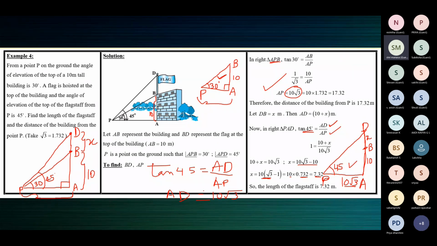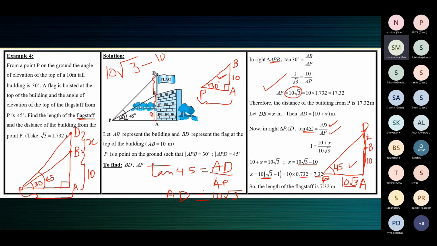But AD is the height of the building and the height of the flag post. We have to find only the height of the flag post. So it is the total height 10 root 3 minus 10. We need to find the height of the flagstaff. The flagstaff is only this portion.